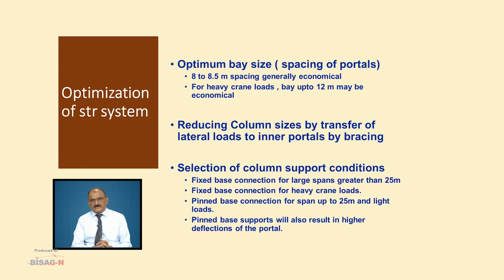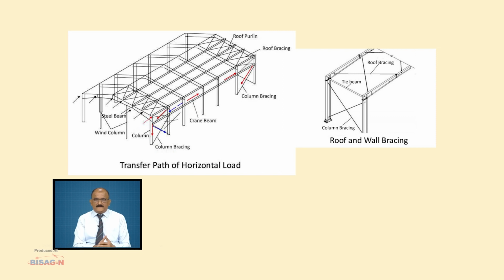Second is reducing the column sizes by transferring the lateral loads to the inner portals by bracing. In a steel structure, when lateral loads such as wind loads are applied, the gable end portal will be receiving the maximum lateral load, resulting in a very heavy section.